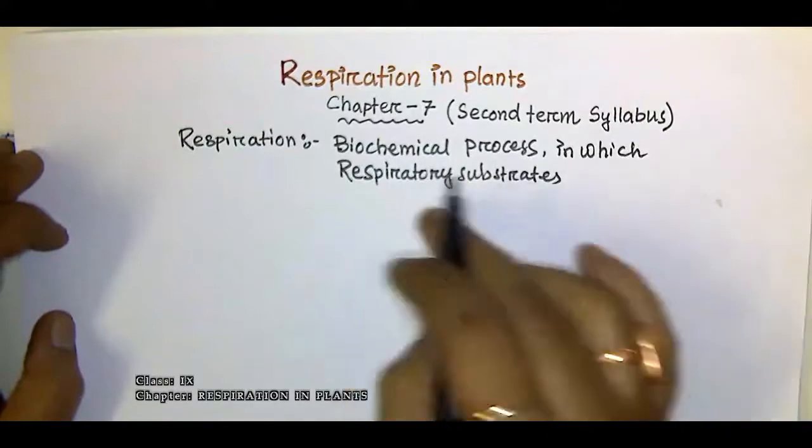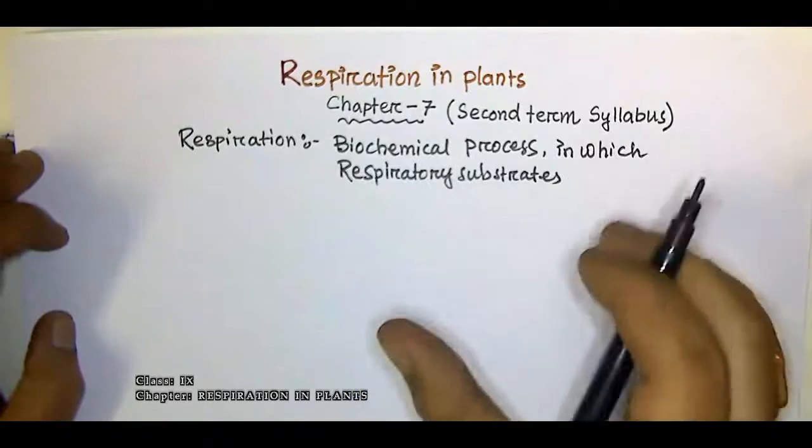These are chemical substances which are used inside the cell to produce energy.